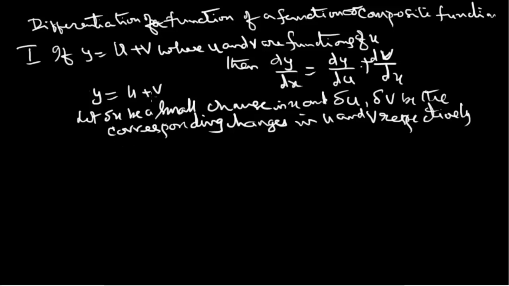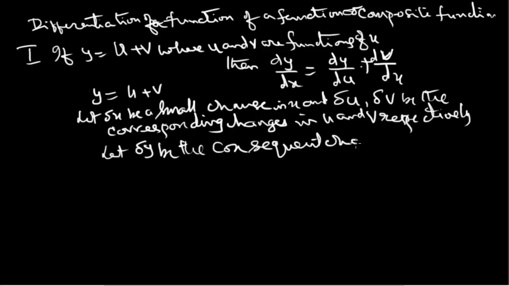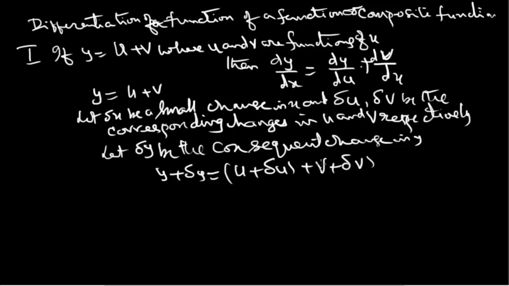Then, because there are changes in u and v, there will be change in y. Let delta y be the consequent change in y. So y plus delta y is equal to u plus delta u plus v plus delta v.